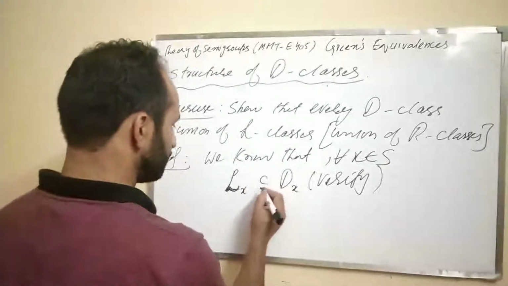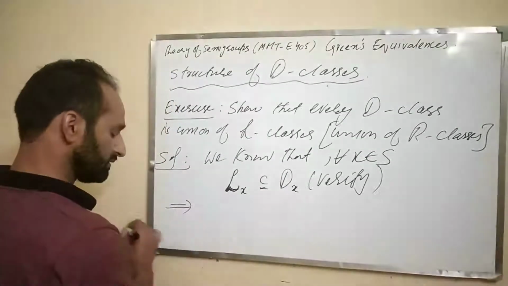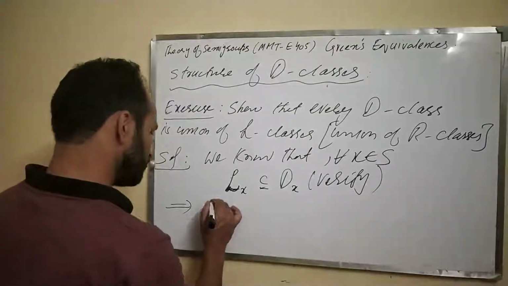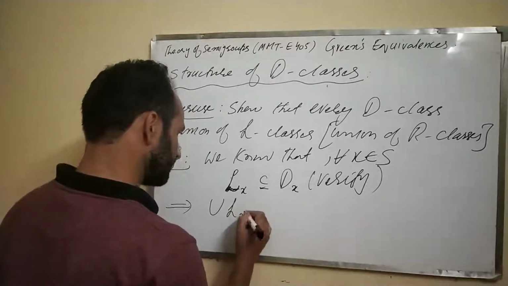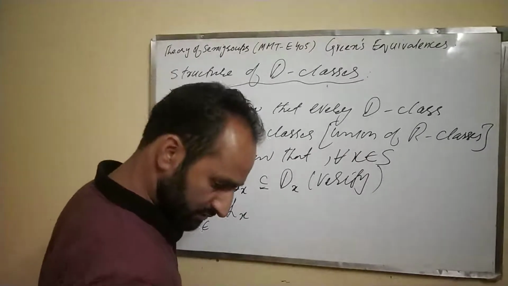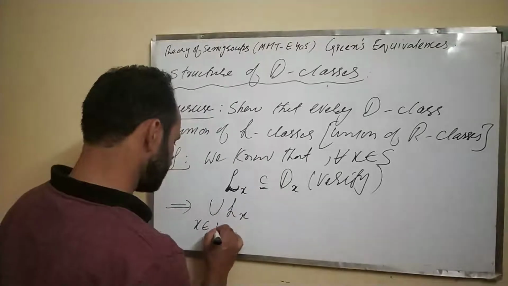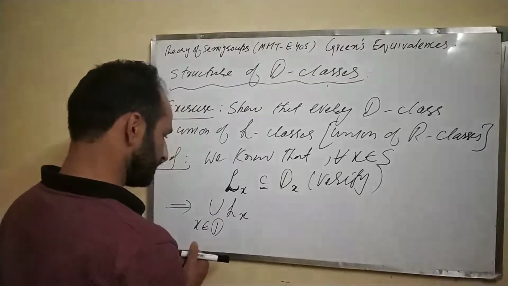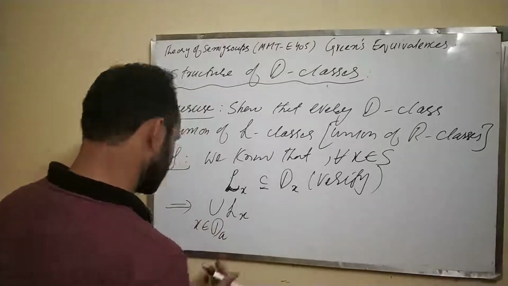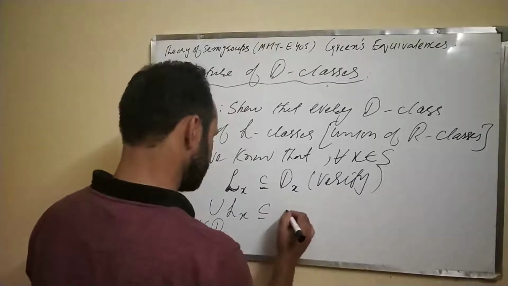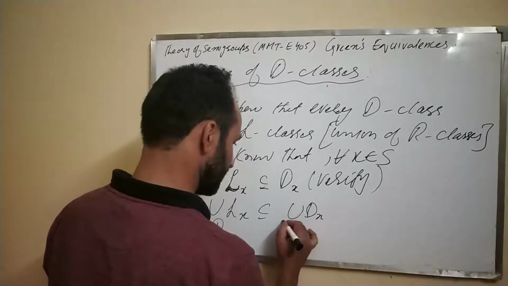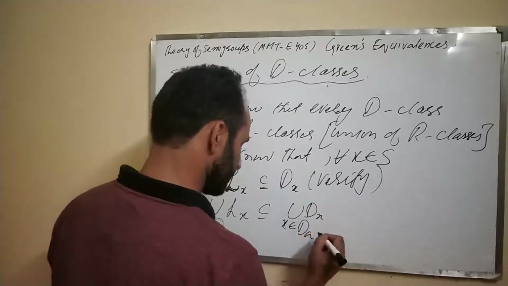This implies that the union of L classes where x runs over the D class of a is a subset of the union of D classes where x runs over the D class of a.